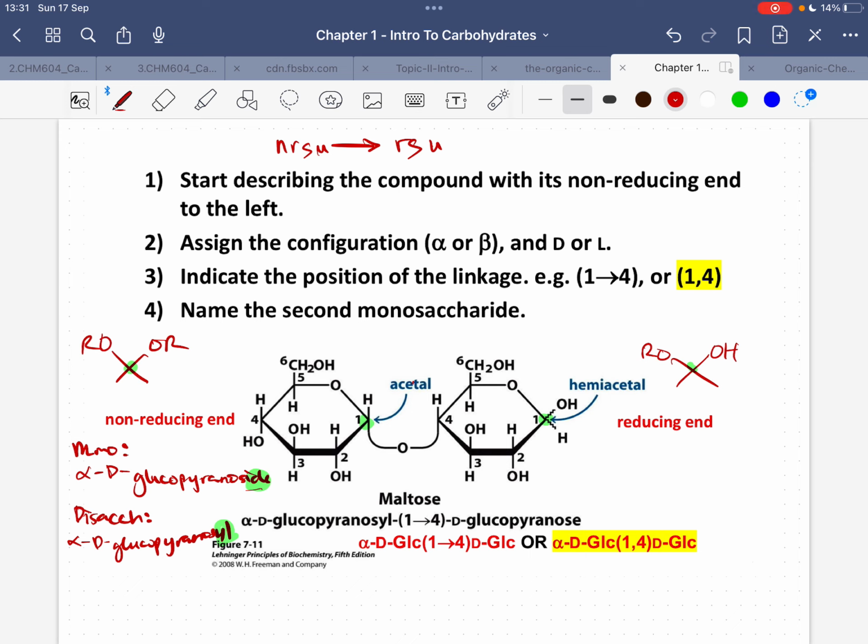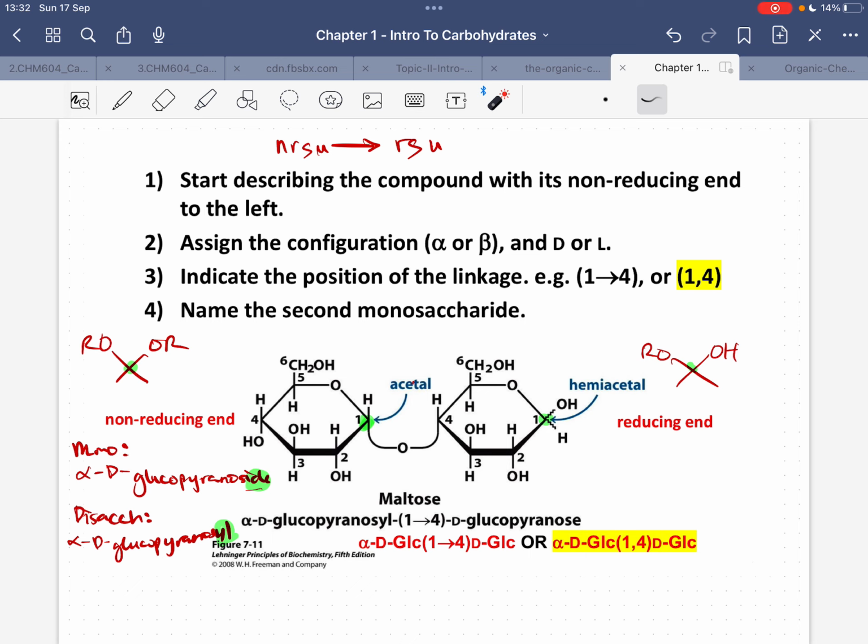So, why alpha? It's because relative to this anomeric carbon here, the OH is at the bottom, so it's an alpha anomer. Whereas for the D-glucopyranose, it has a wiggly bond, meaning the position of the OH is not indicated, whether top or bottom.